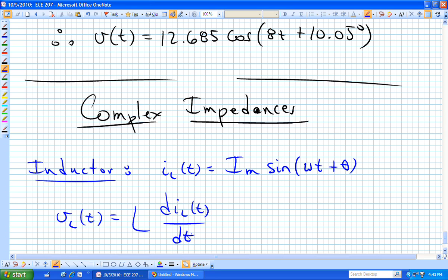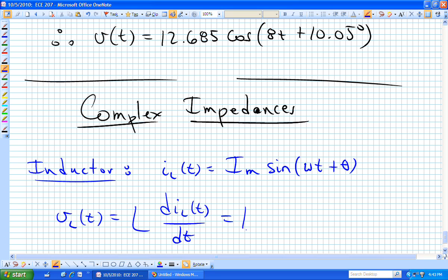All right, this is what we use. What happens when I differentiate that I sub L in the time domain? Derivative of sine is cosine, isn't it? And then we differentiate the argument, so that omega jumps outside. The theta doesn't do anything for us. That's just a constant inside the argument, and it's not changing with time.